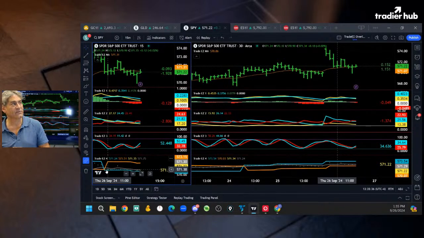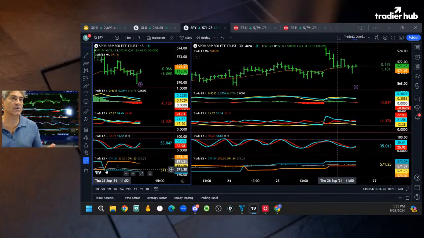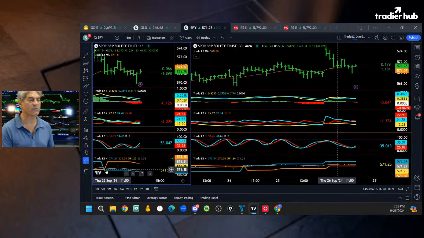When I got the sell reversal on the 15-minute time frame, I knew that the highs were in for the day. Same thing with the QQQs, reversed to sell. Same thing with the Russell, reversed to sell.